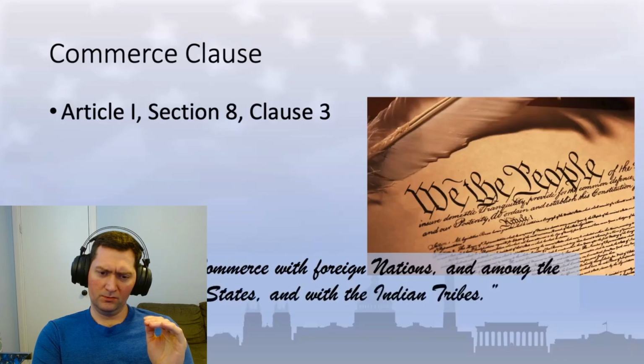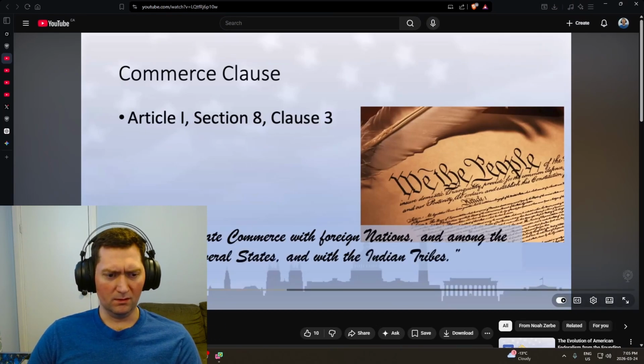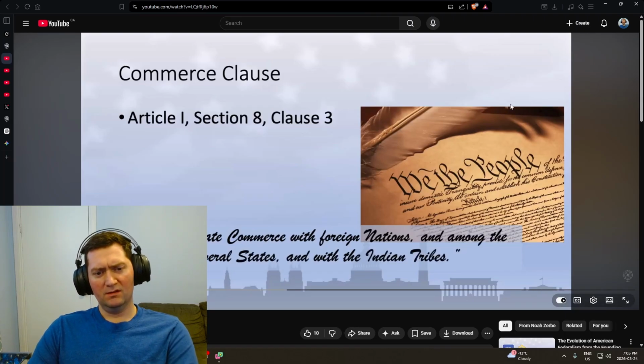So Trump is a member of the executive branch. So his tariffs become law because of the Commerce Clause, would have to be passed by the Senate and the House of Representatives, right?